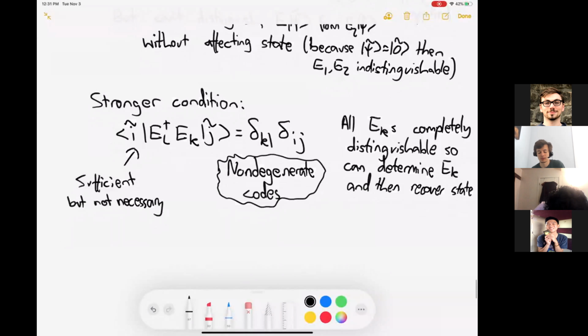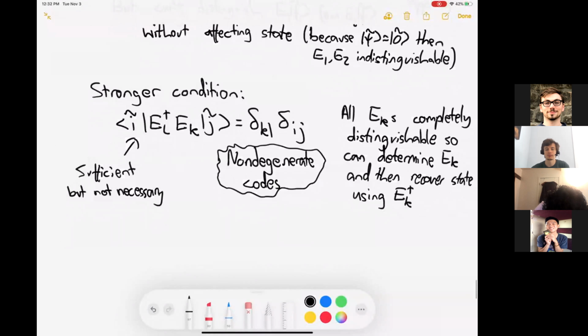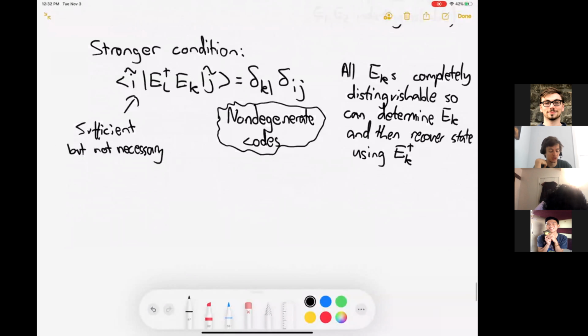These non-degenerate codes have a very simple way to do error correction, which is you do a measurement that lets you determine K, and then you recover the state just using EK dagger. Of course, as I say, it's not necessary, and in particular, Shor's code is an example of a code that is not non-degenerate. It is in fact degenerate.